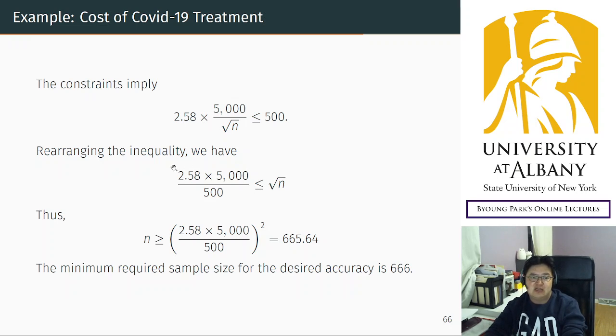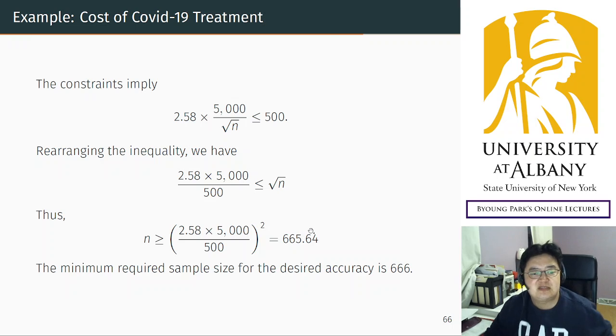You can calculate that. Then, to remove the square root, I will take the square on both sides. In the end you have n on this side and this squared on the other side. So calculate that.